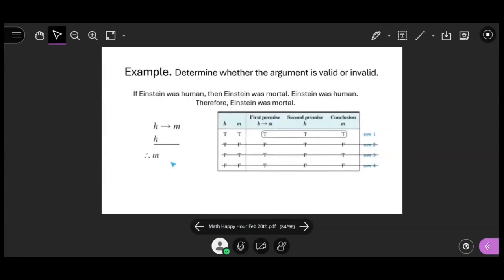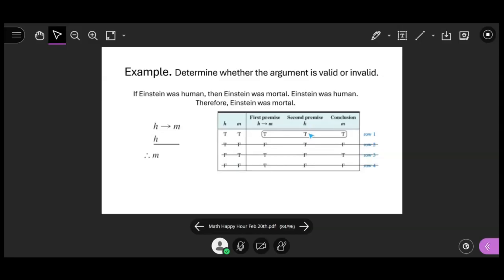So let's go back to our Einstein problem. First we have our two statements, H and M. Then our first premise, H conditional M: true, true, the conditional is true. True, false, the conditional is false. False, true is going to be true. And false, false will be true.